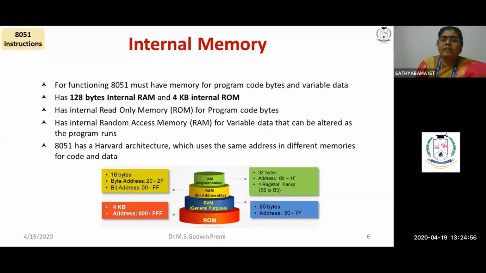Then the second part of internal RAM is the bit addressable area. It is 16 bytes. The byte address is from 20 to 2F. Just you can see here we have left 00 to 1F, the next memory location is 20. In this one, each bit can be addressed.